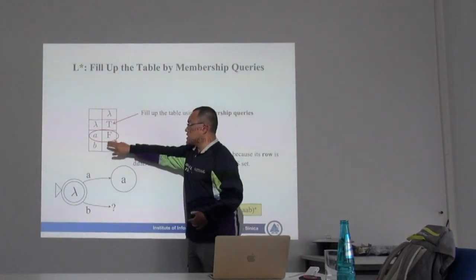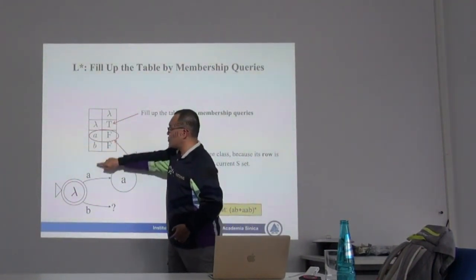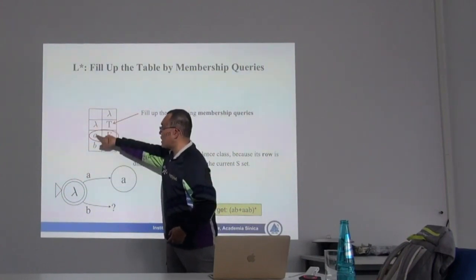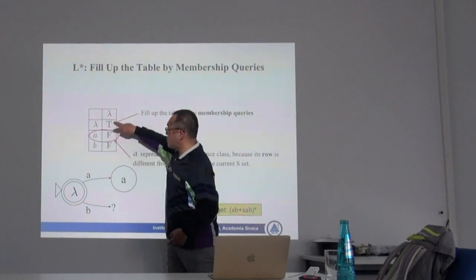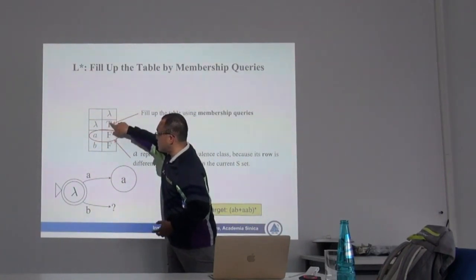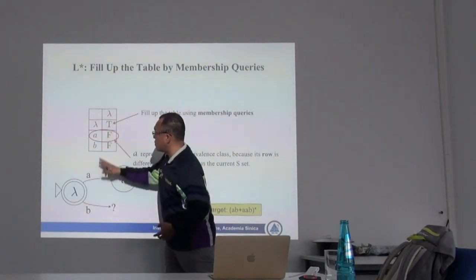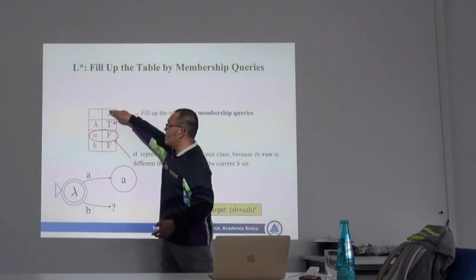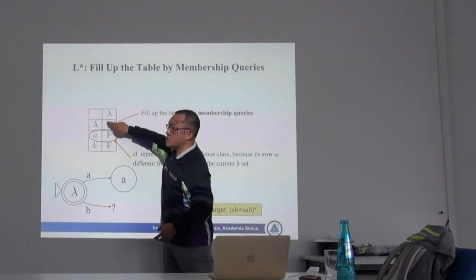Basically what we are doing is checking what will be the next state of lambda after taking the symbol A. Because after attaching lambda as a suffix, lambda is an accepting state, but A is not, we know that lambda and A cannot be the same state, because the empty string can distinguish these two states.